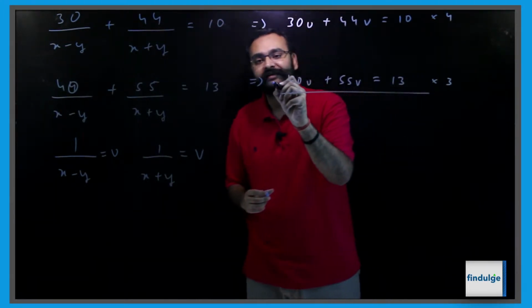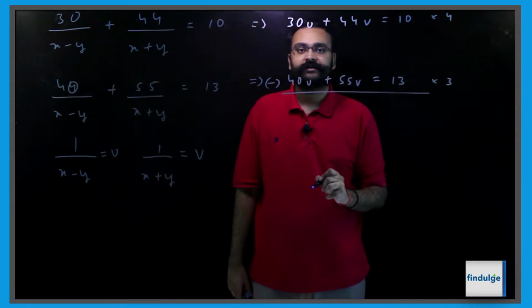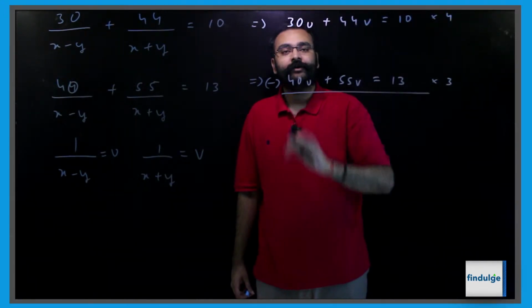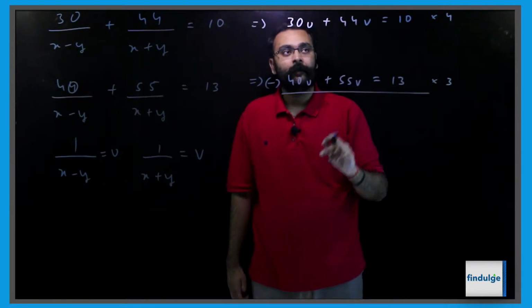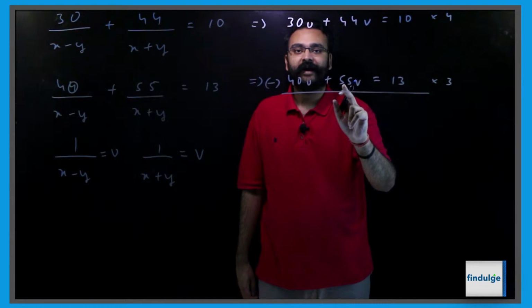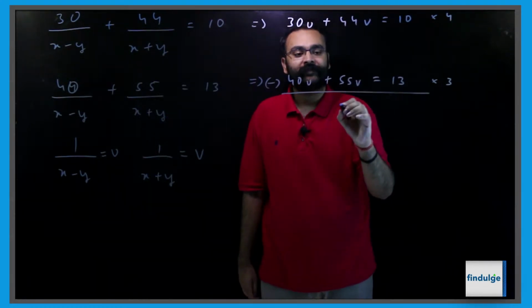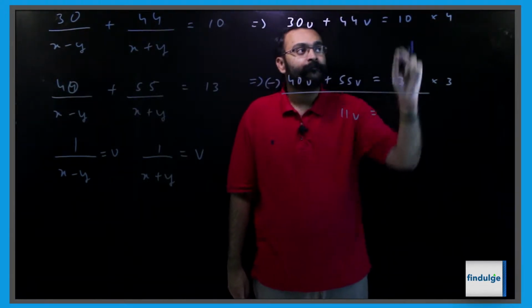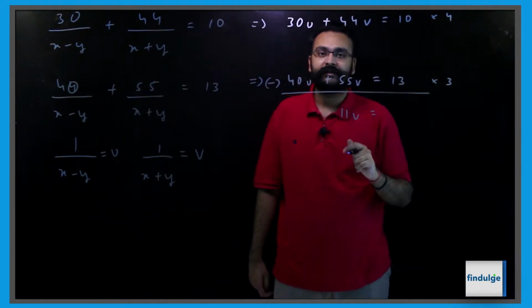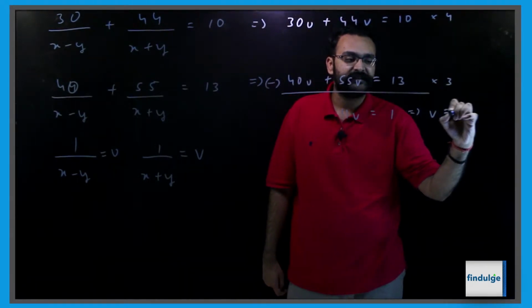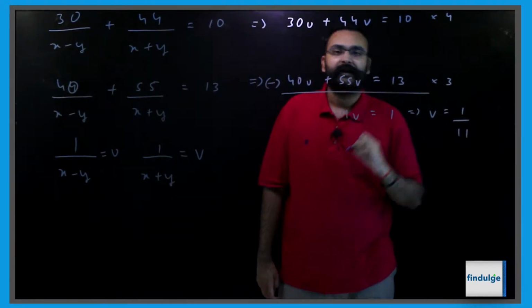I will subtract the second from the first. So as I said, the 120u and the 120u will get cancelled. 176v minus 165v will give you 11v is equal to 40 minus 39, 1, which means v is equal to 1 by 11.